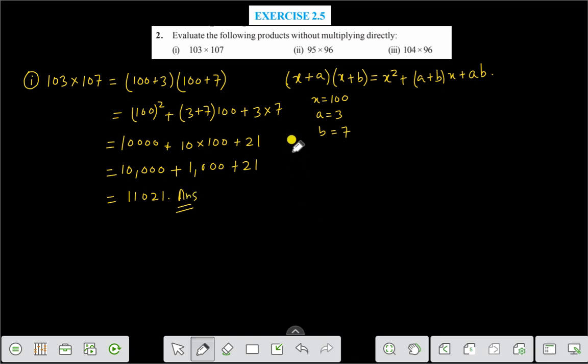Then we solve question number 2. Question number 2 is 95 into 96. It can be written as (100 minus 5) into (100 minus 4).